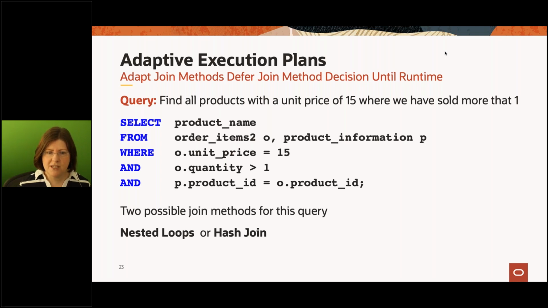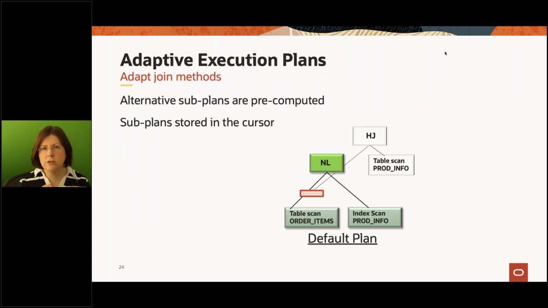With adaptive plans, what actually happens is we'll compute both subplans, or both options. It could be a nested loops where we would scan the order items table and then use an index to probe into the product information table, or it could be a full scan of order items and then a full scan of product information and hash join them together.